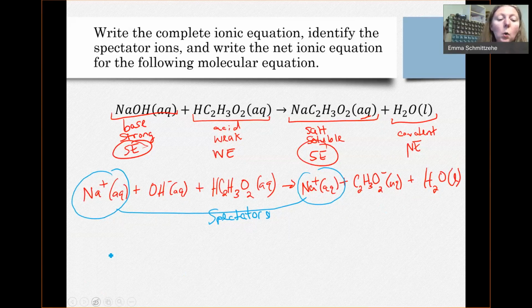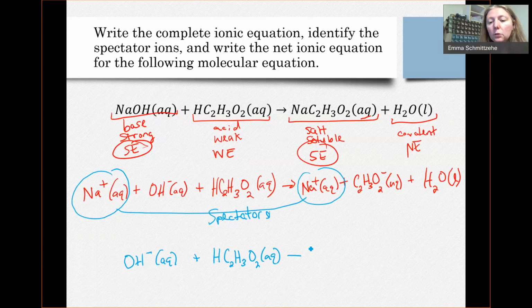Okay, so our net ionic equation in this case would be OH minus plus HC2H3O2 aqueous going to C2H3O2 minus aqueous plus H2O.